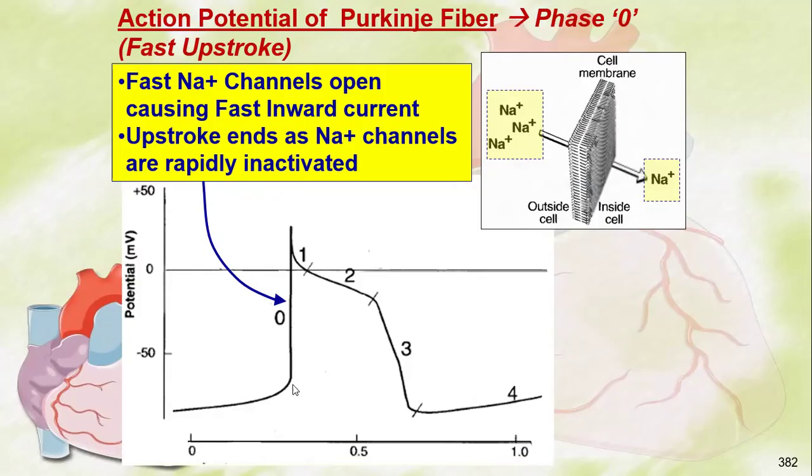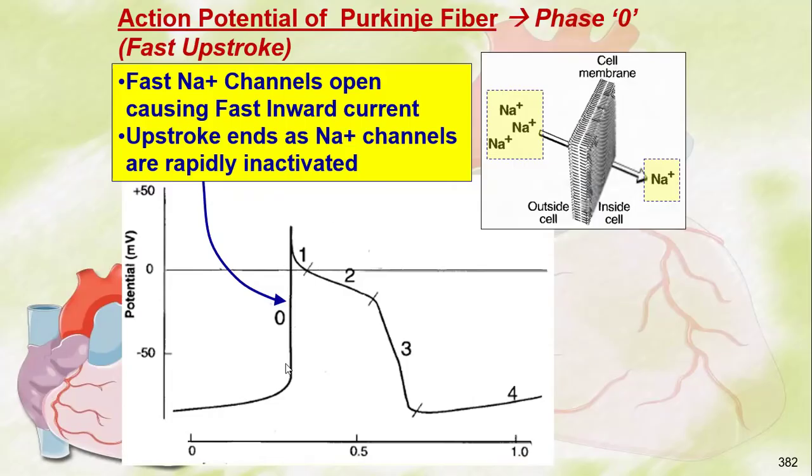When it reaches the threshold value, the voltage-gated sodium channels will open, as the name indicates. These channels will open only when your action potential reaches the threshold value. Otherwise, these channels will not open. That's why we call them voltage-gated sodium channels or calcium channels.